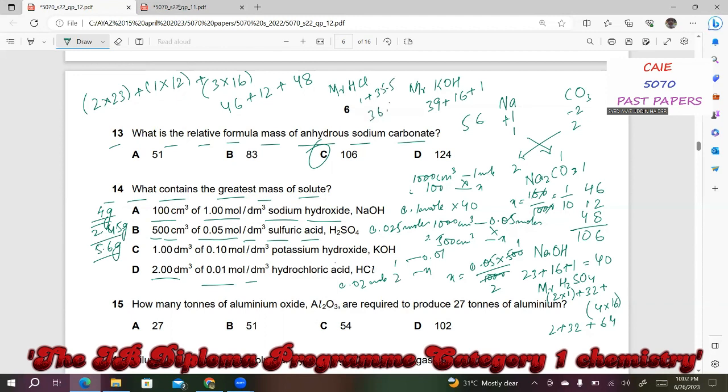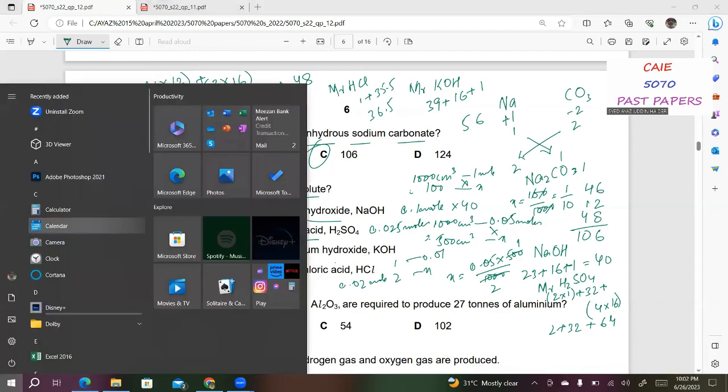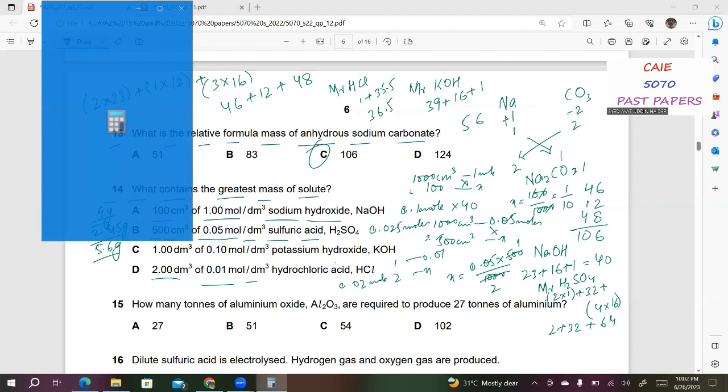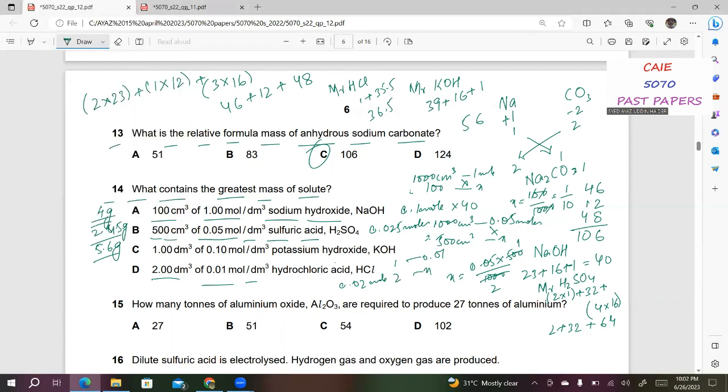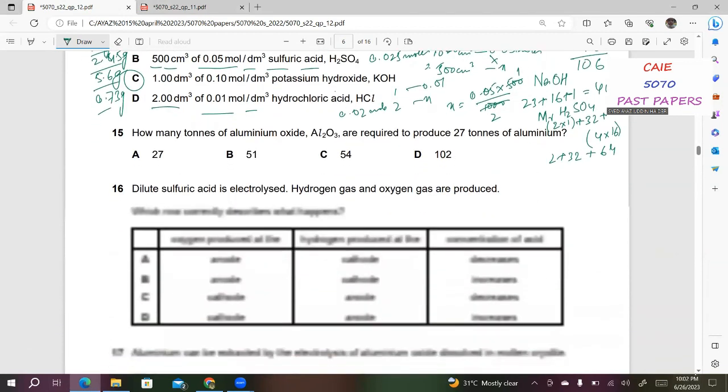You get 36.5. 36.5 will be multiplied by 0.02, 0.73 grams. So only C will be the right answer in this case.